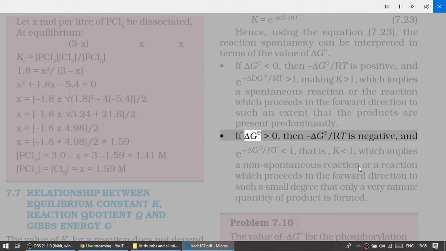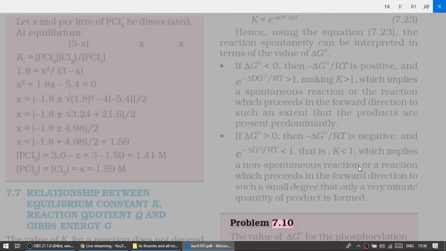If ΔG° is greater than 0, then minus ΔG° by RT is negative, and e to the power is less than 1, that is, K is less than 1, which implies a non-spontaneous reaction, or a reaction which proceeds in the forward direction to such a small degree that only a very minute quantity of product is formed.